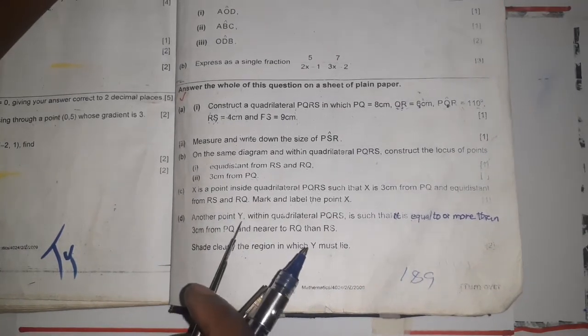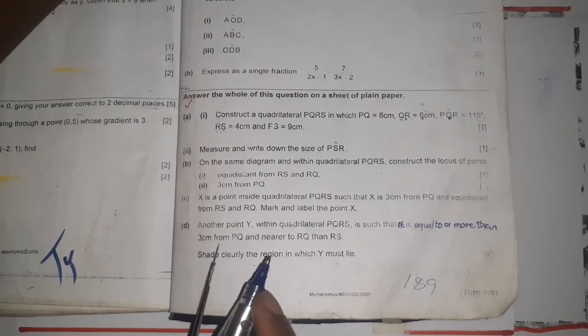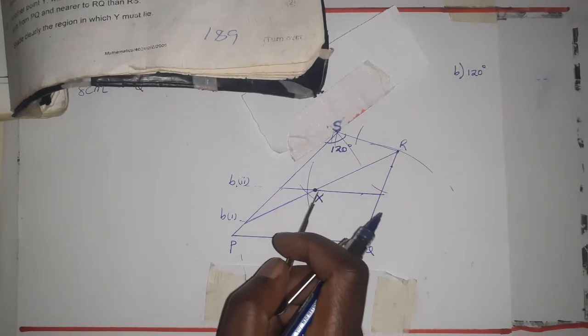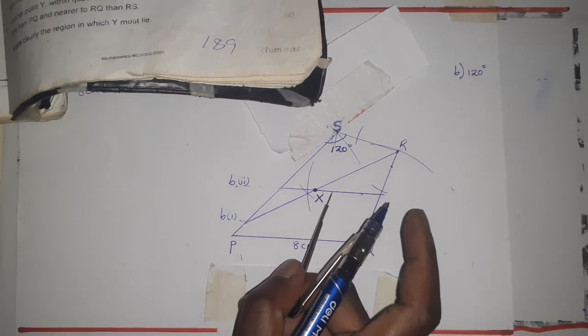So here we are told that another point Y within the quadrilateral is such that it is equal to or more than 3 centimeters. Equal to or more than. So from this point to this point, this is 3 centimeters. Equal to, it's on this line.